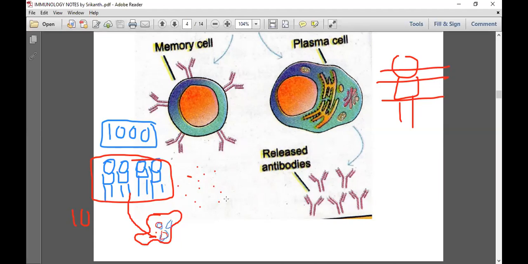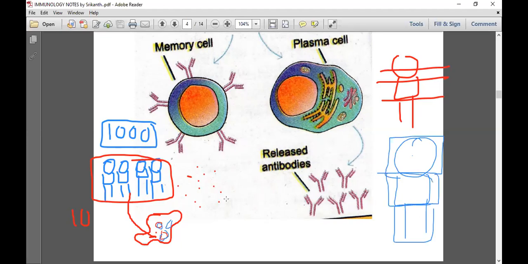Remember, if I say this is the microbe, with some shape I gave, then any one part of the microbe can act as an antigen. That is the difference between the microbe and the antigen.